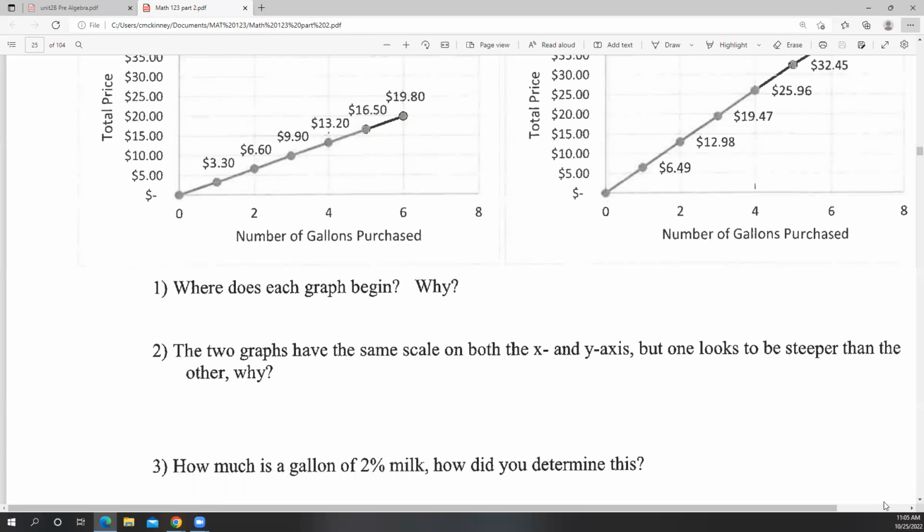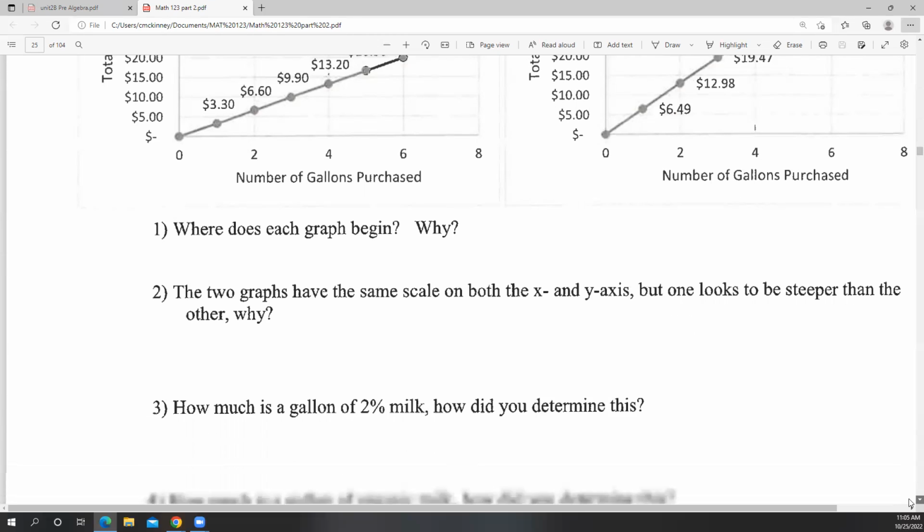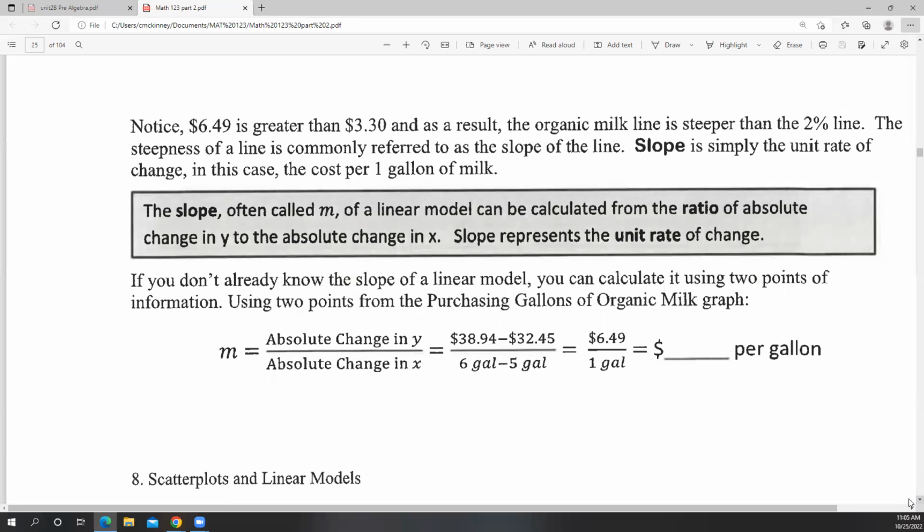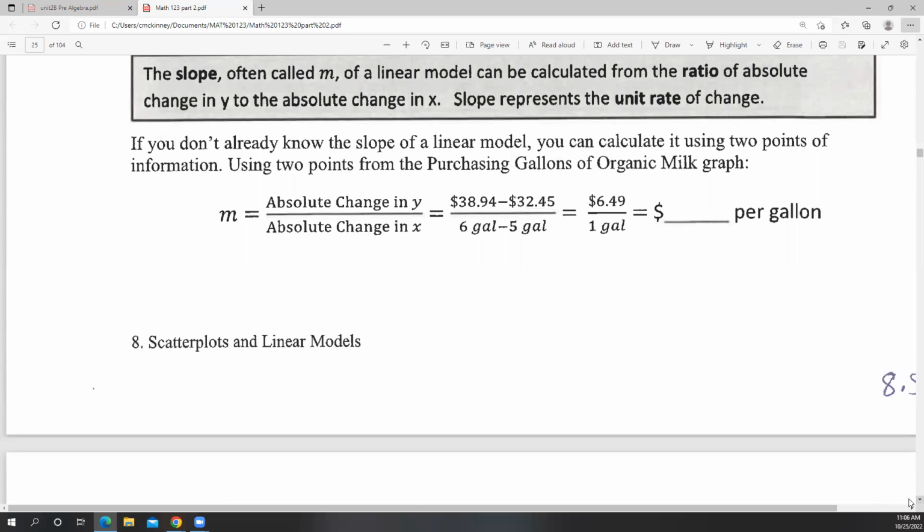But in this case, because it goes through 0, 0, we would not have to take those 2 and subtract the whole slope formula. We could just simply do a division. But we can always take 2 points. Remember that to find slope, you've got to subtract the Y's on the top and the X's on the bottom.